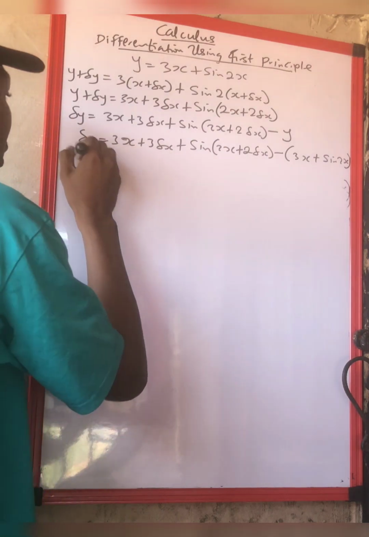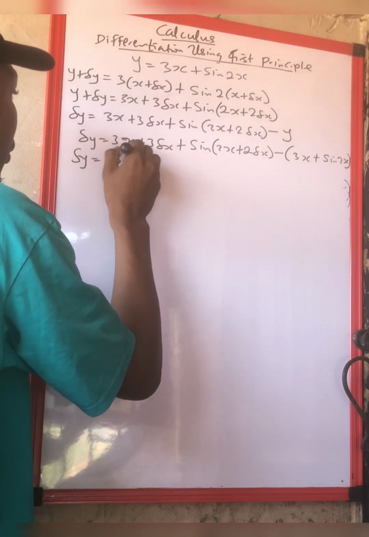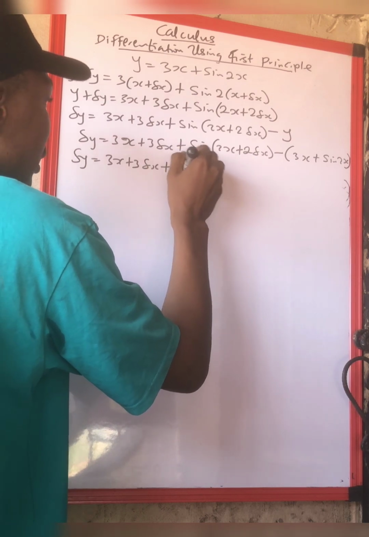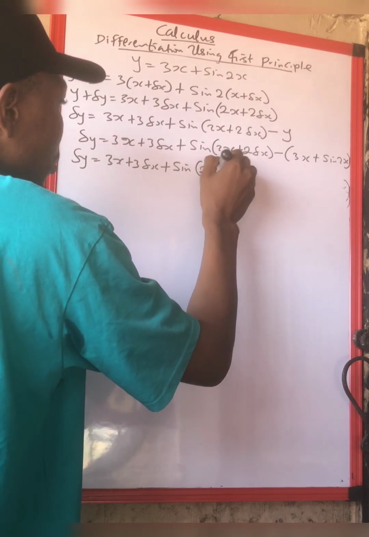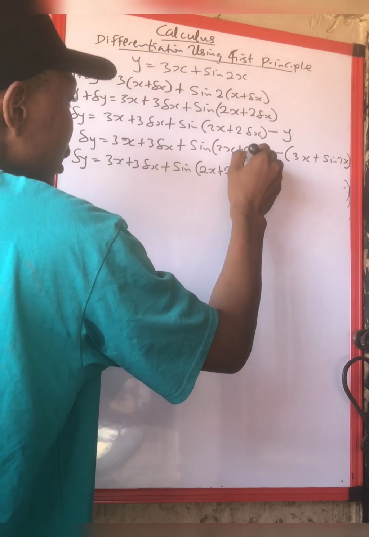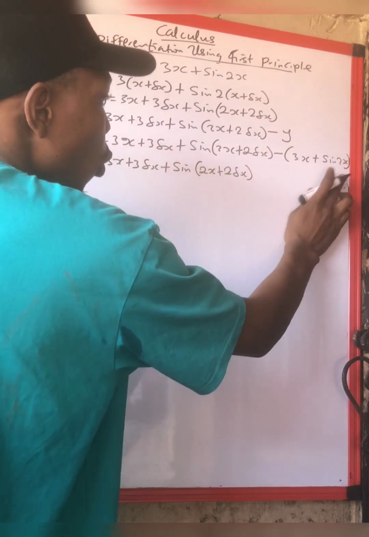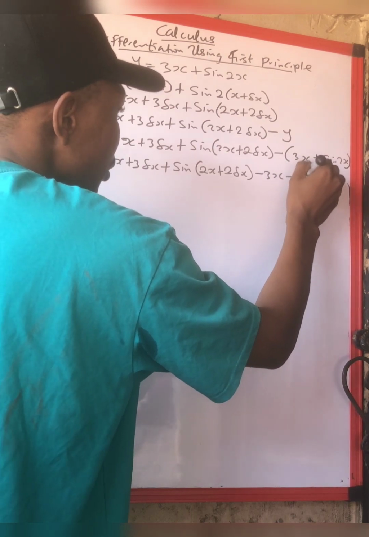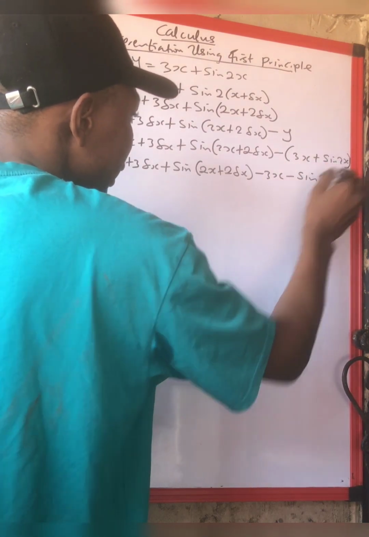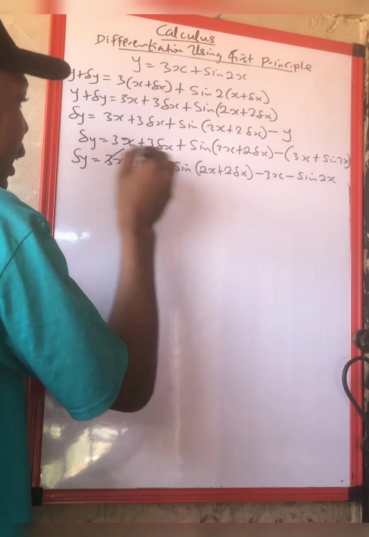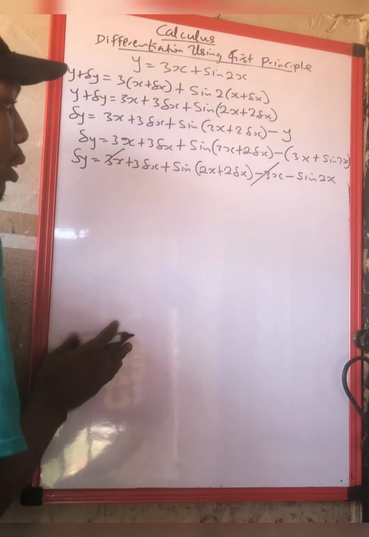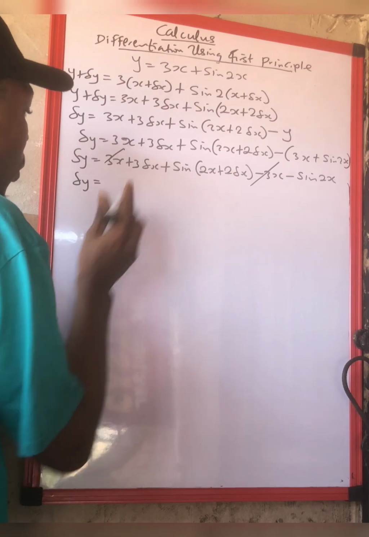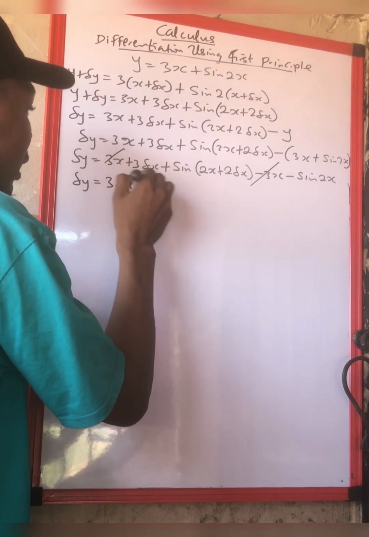So this time our Δy becomes 3x plus 3Δx plus sine 2x plus 2Δx, then using the minus to open all this bracket, it becomes minus 3x and minus sine 2x. So this time around, these can cancel out. Once they cancel out, we are left with Δy equals 3Δx.